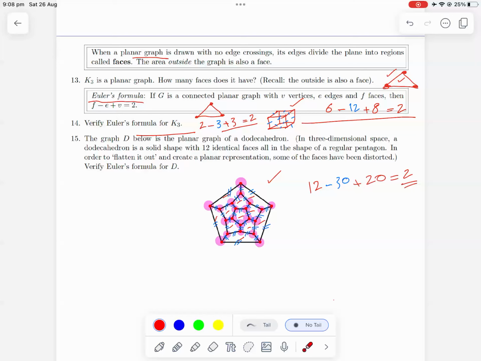the three-dimension version. I don't remember the name of this one, but I don't remember the geometric version of this guy.